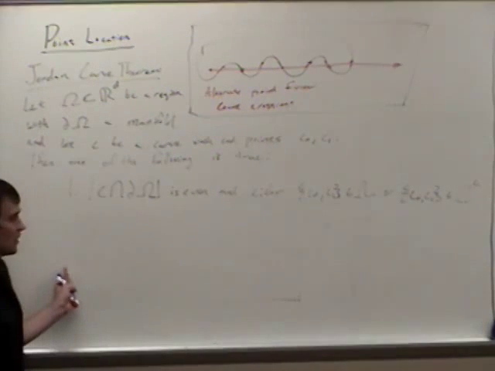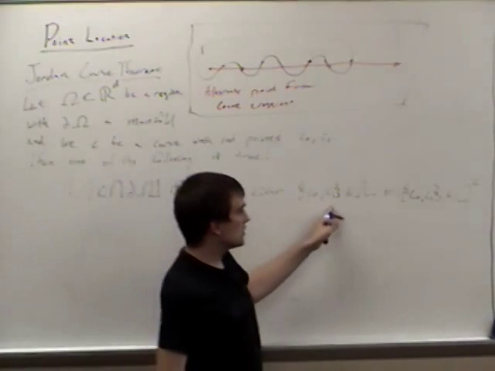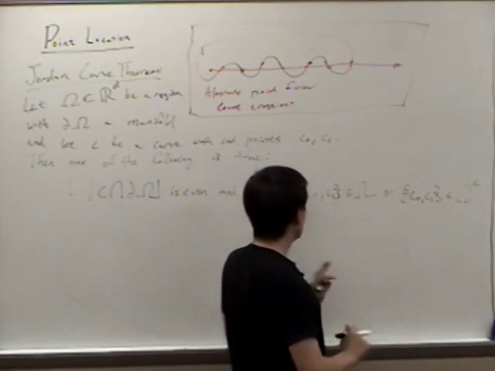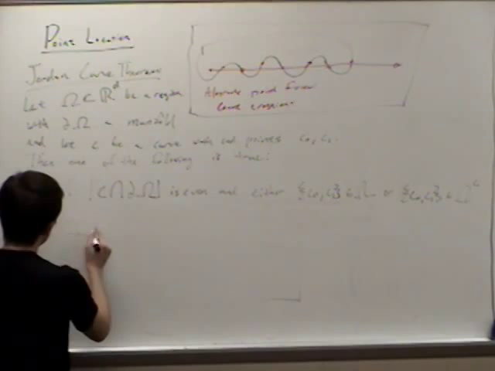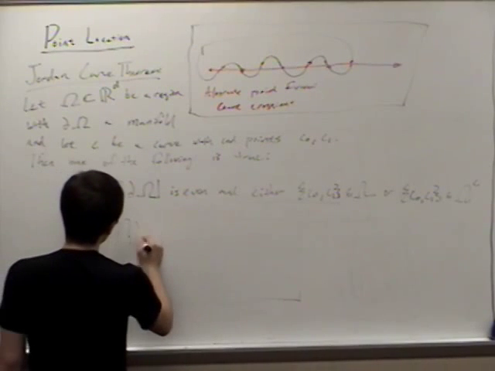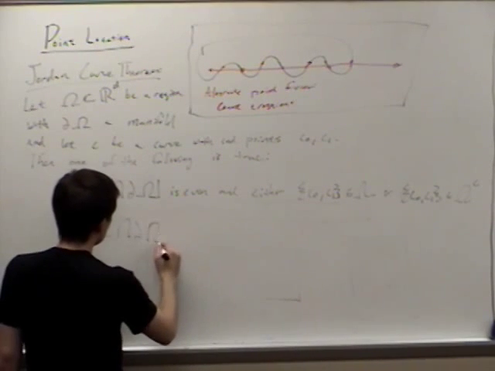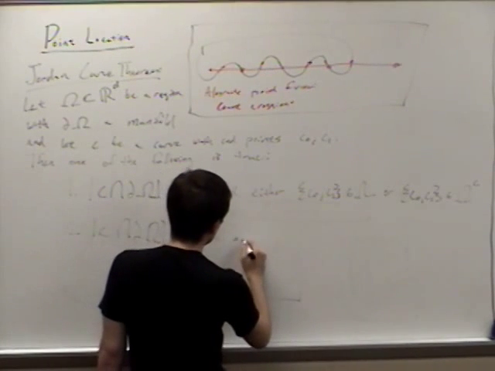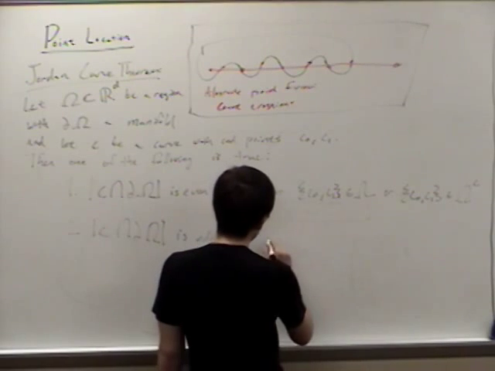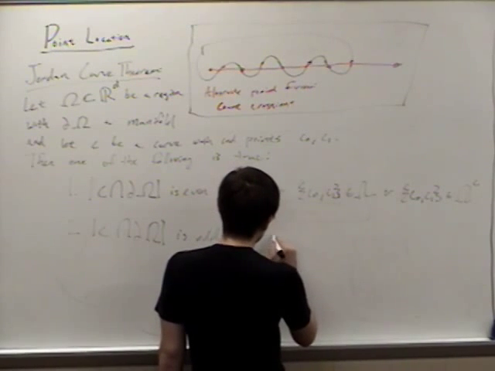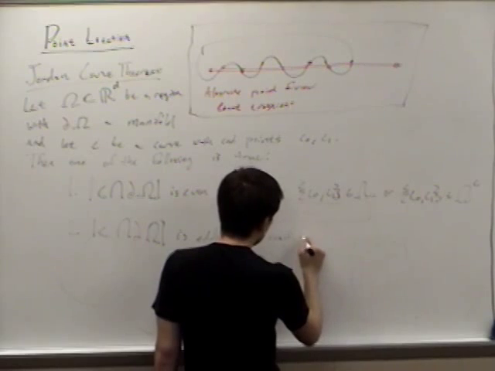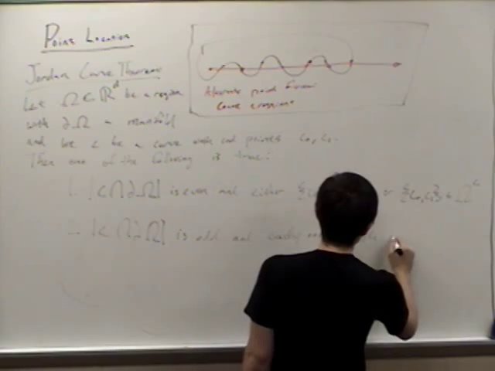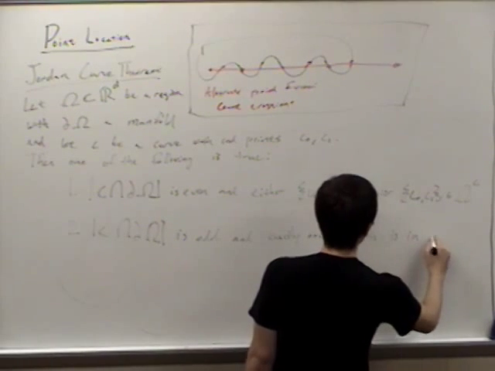So the idea is that if we take C0 and C1, then either they're both going to be here, or they're not in there. Or 2, the intersection of this thing is odd, and exactly 1 of C0, C1 is in omega.